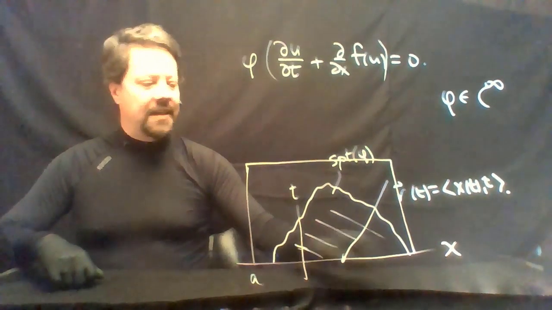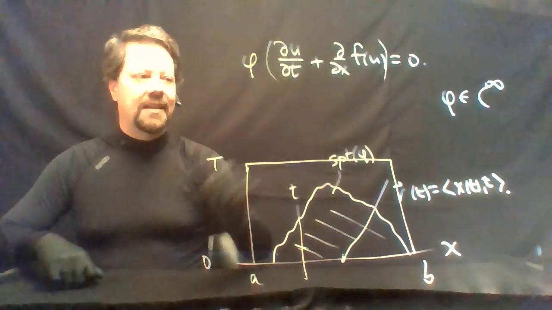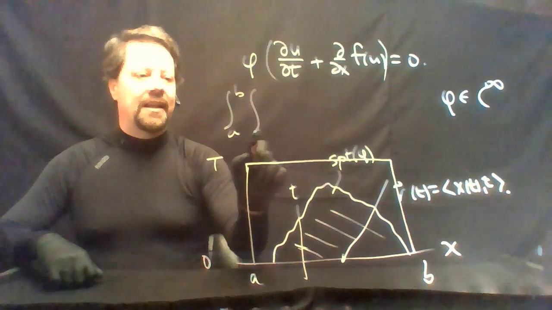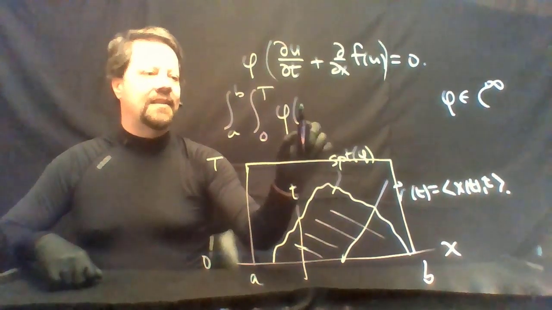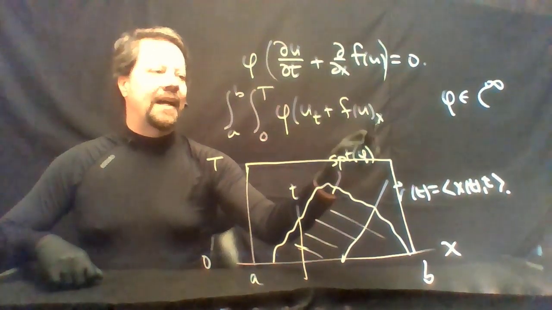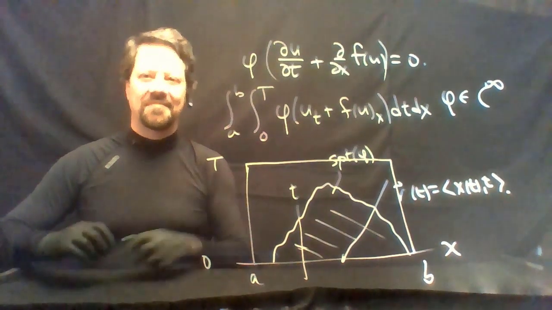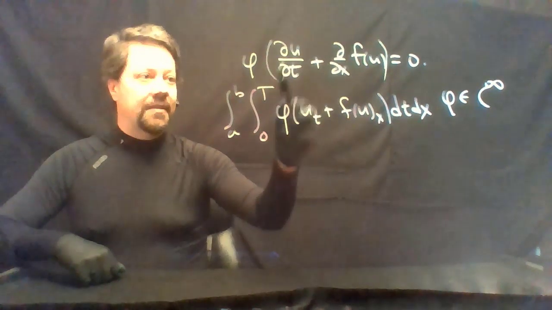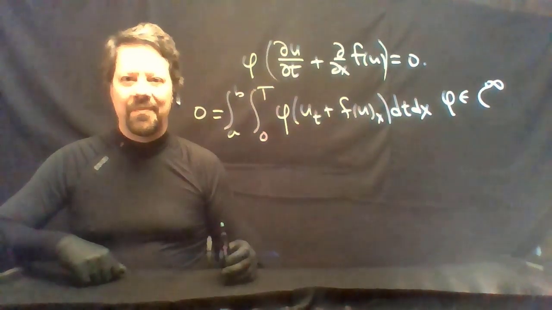It's going to go from a to b, and from t equals 0 to t equals capital T. We'll integrate from a to b, integrate from 0 to T, phi times u t plus f of u x dt dx. If the function is smooth enough to have derivatives, this must be 0.